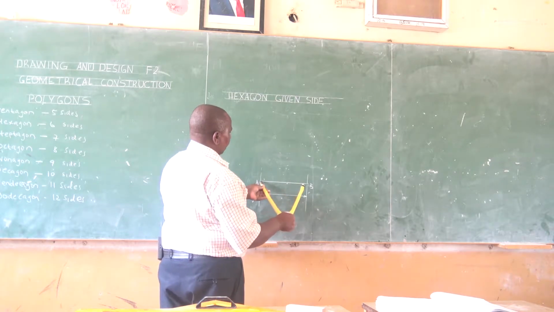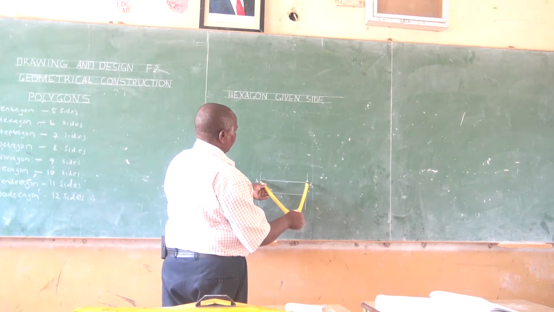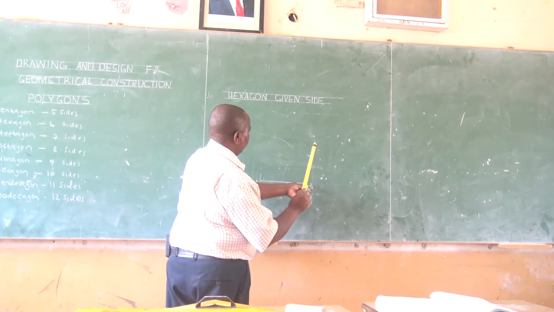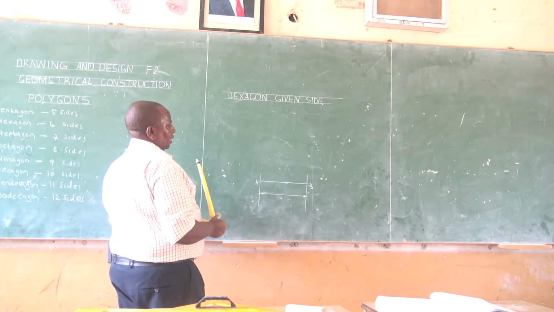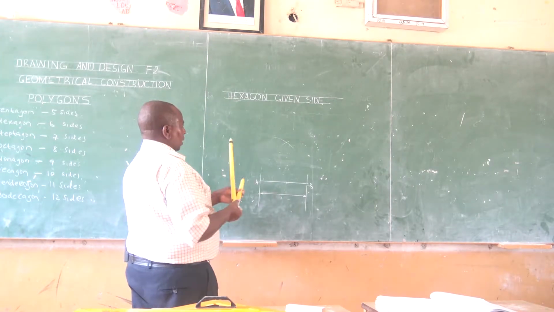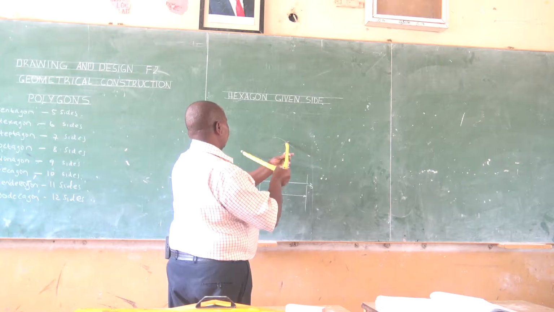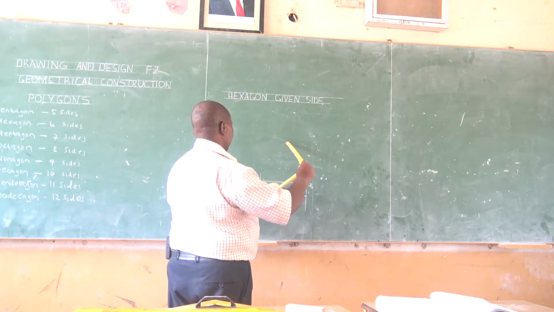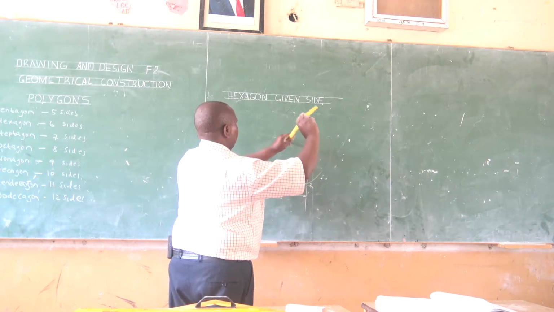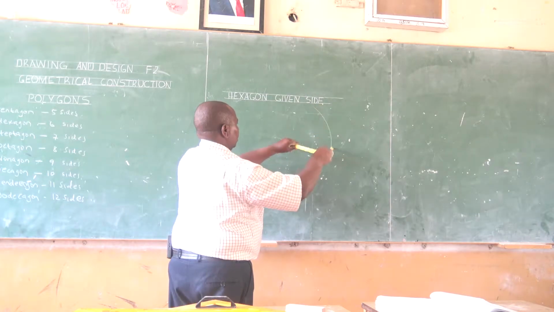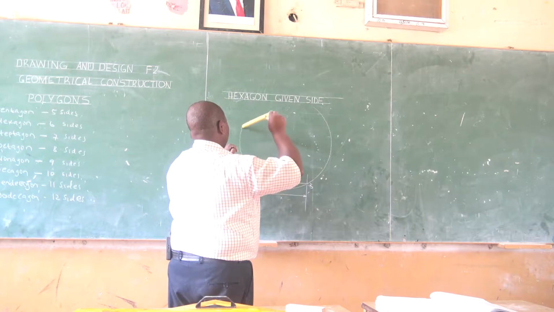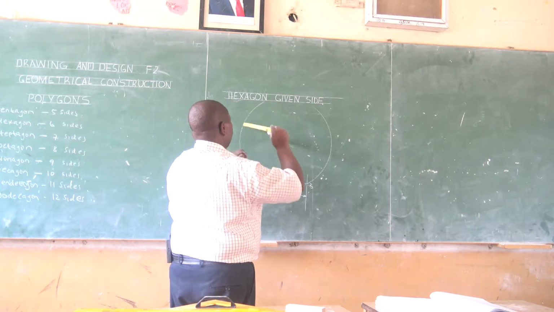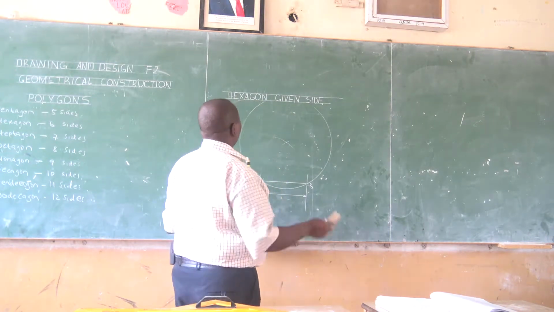So when you're given the side, you can get the center by drawing an arc with the radius equal to one of the sides, and when you get that center, you join it at A and B, and then proceed to draw this circumcircle.